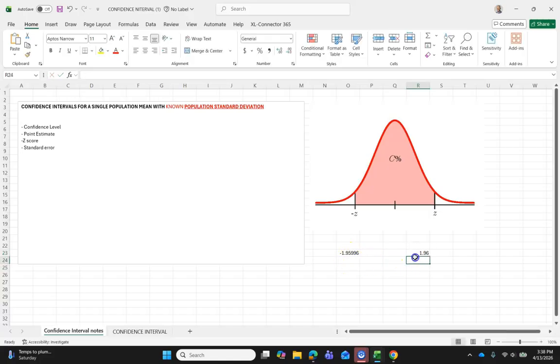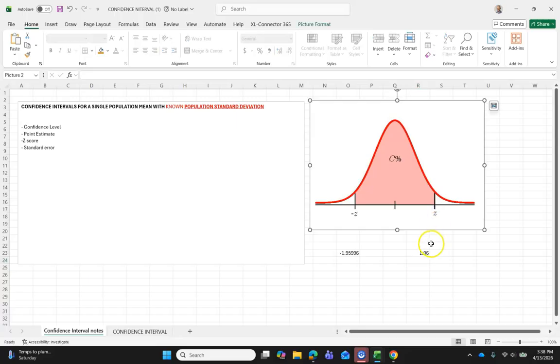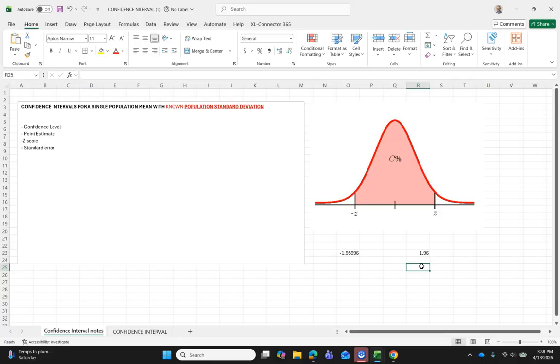But we can also find this z value here, and what we're going to do is use the following formula. We will take the confidence level, which is 95, plus 100% minus the center.